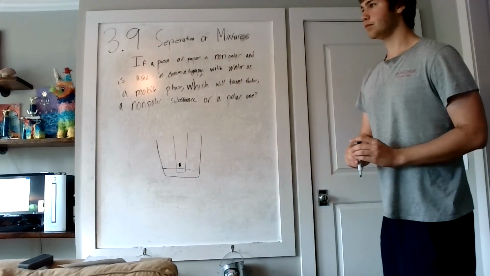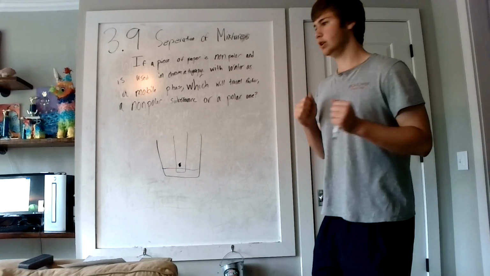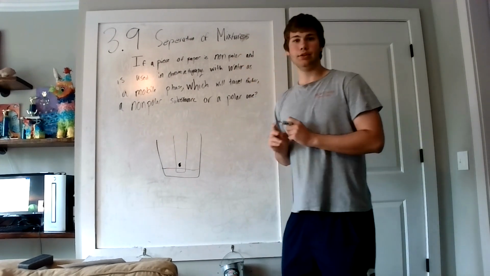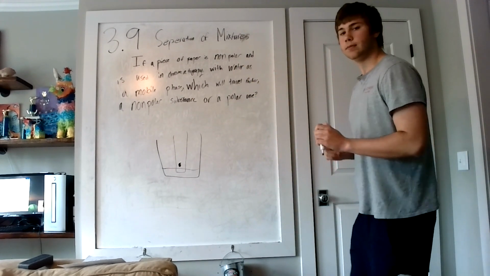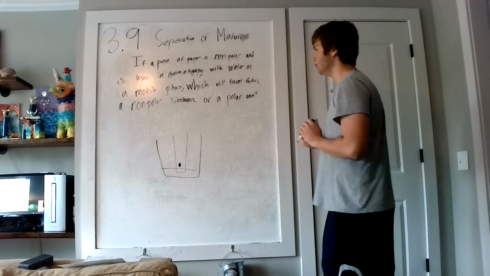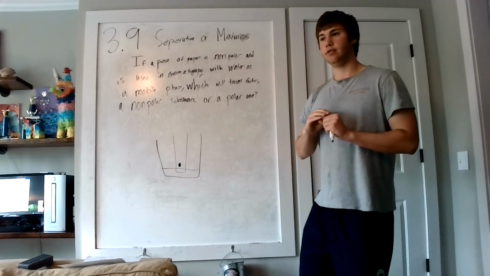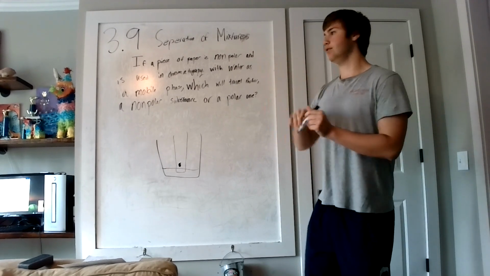So, if it's part polar and part nonpolar, which will travel up the paper more, the polar substance or the nonpolar substance? So the way I like to think about this is that like travels with like. A nonpolar substance is going to stick with the nonpolar stuff, and a polar substance is going to stick with the polar stuff.